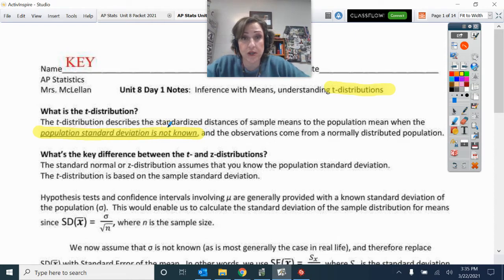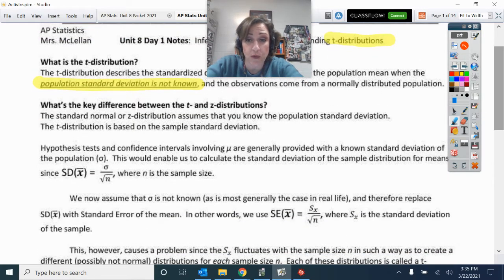Remember with proportions, when we didn't have true p, we used the p hat. So it's the same idea, but we have to use what's called the standard error. So this standard error is going to be the standard deviation of the sample.